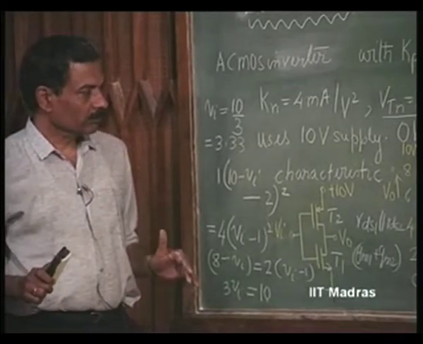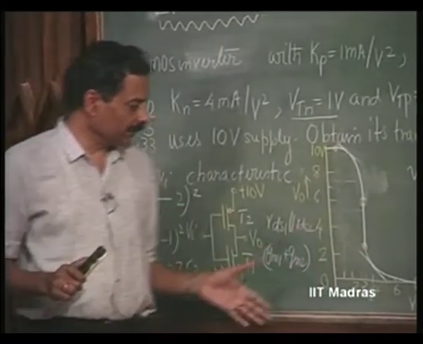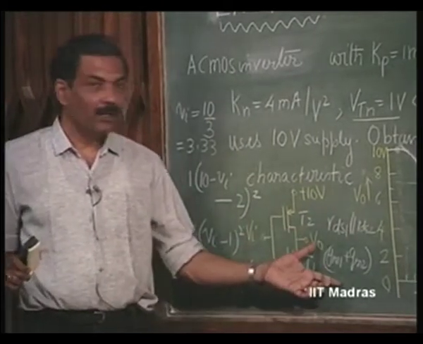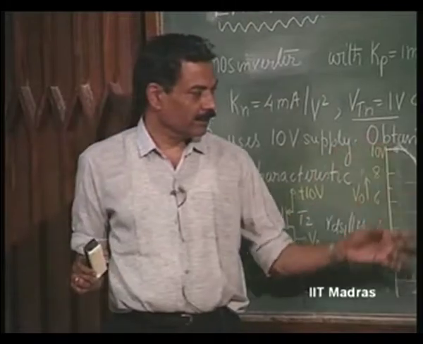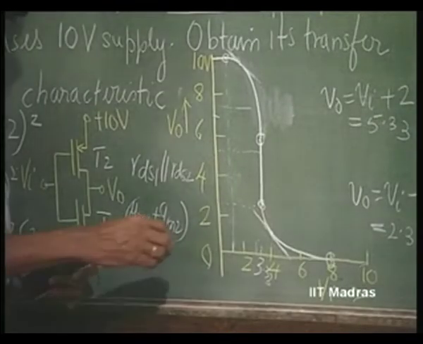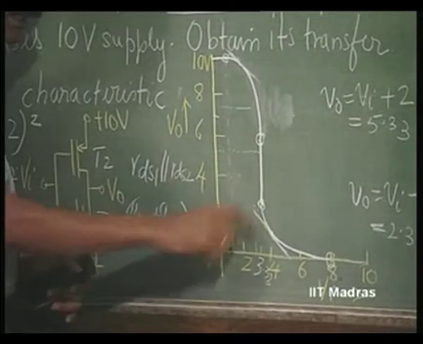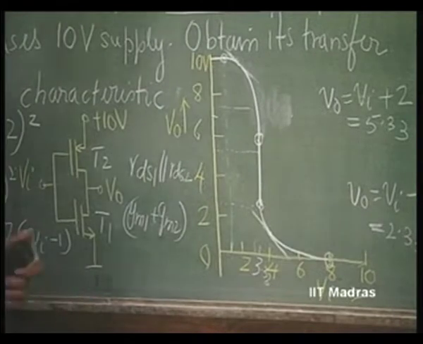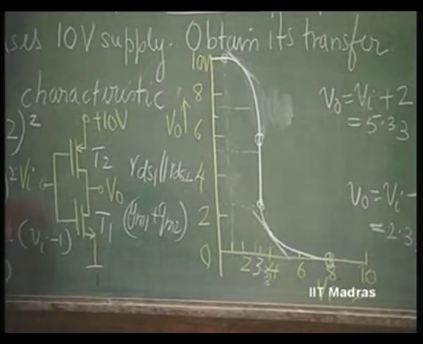So we have understood how this can be used as an inverting amplifier with this kind of gain, how it can be used as a digital inverter, and we also know how this current varies with respect to the signal Vi.